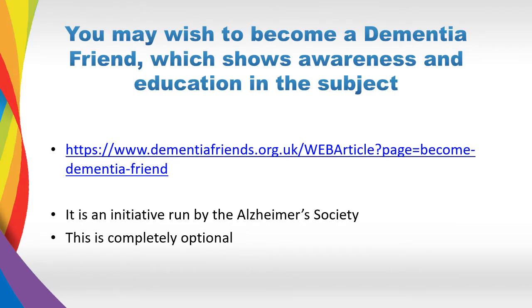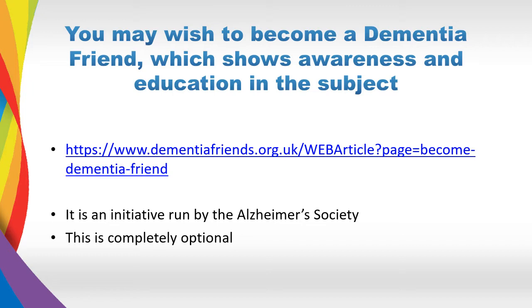As part of your dementia training, you may wish to become a dementia friend. This is completely optional. It is an initiative run by the Alzheimer Society. If you do wish to become a dementia friend, it gives you a short video to watch, or you can do a slightly longer version, and it just shows that you've got an awareness of what dementia is.